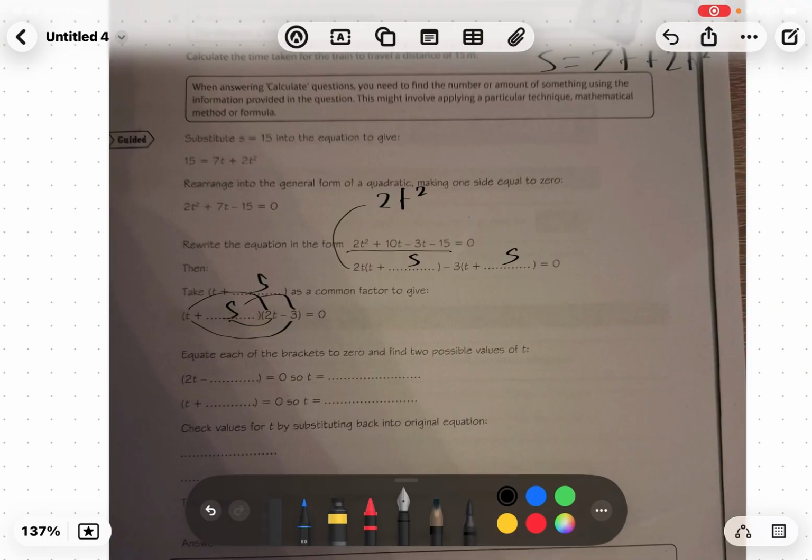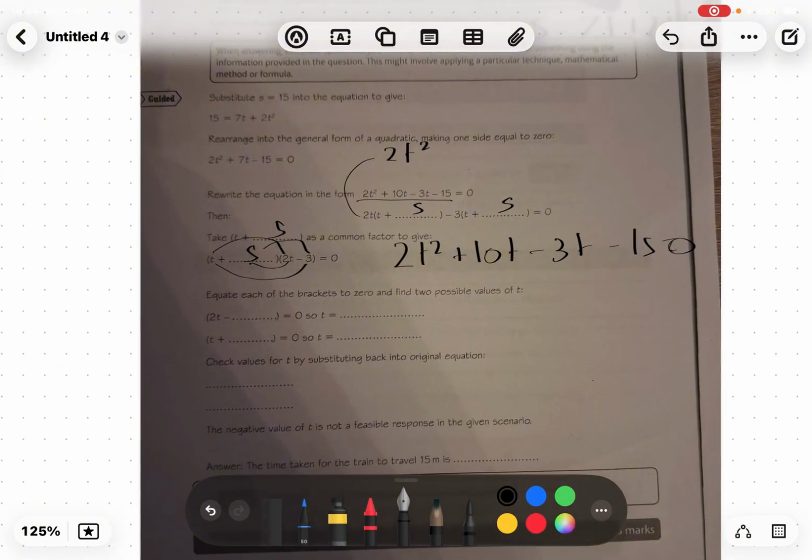Hopefully I'm making sense. Let's check it. This one first, 2t squared, and then plus 10t. After that, negative 3t, and after that this one, negative 15, equals 0.